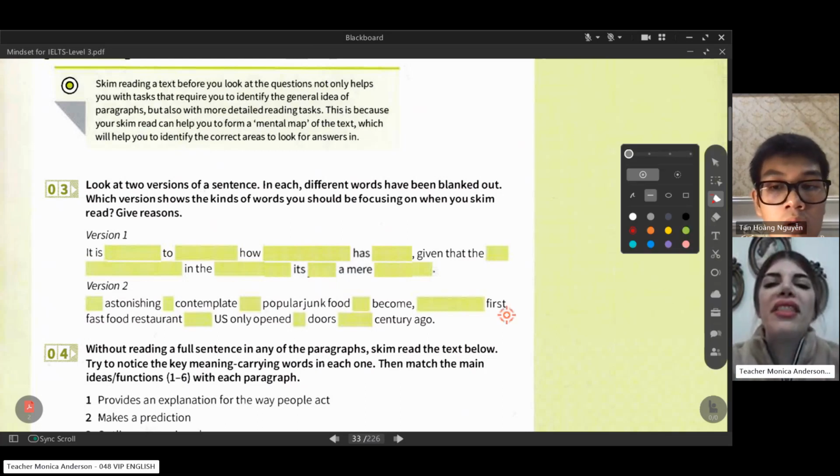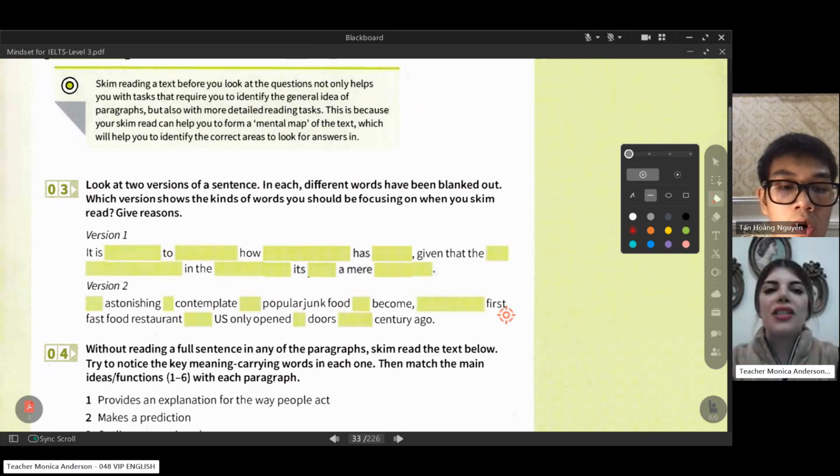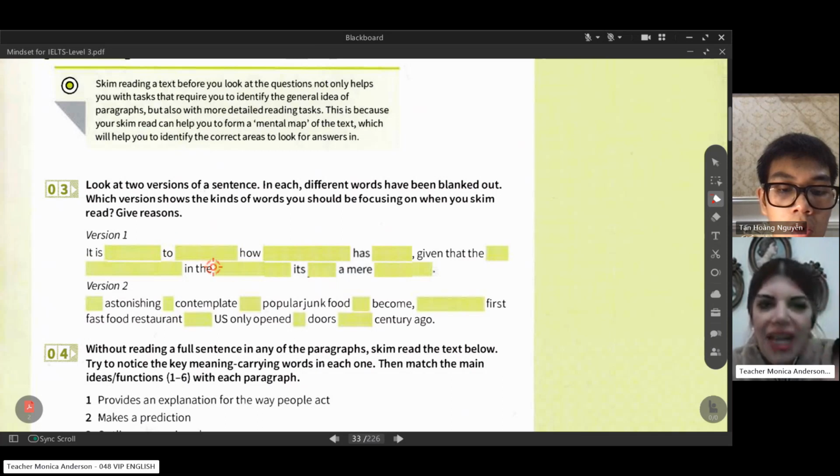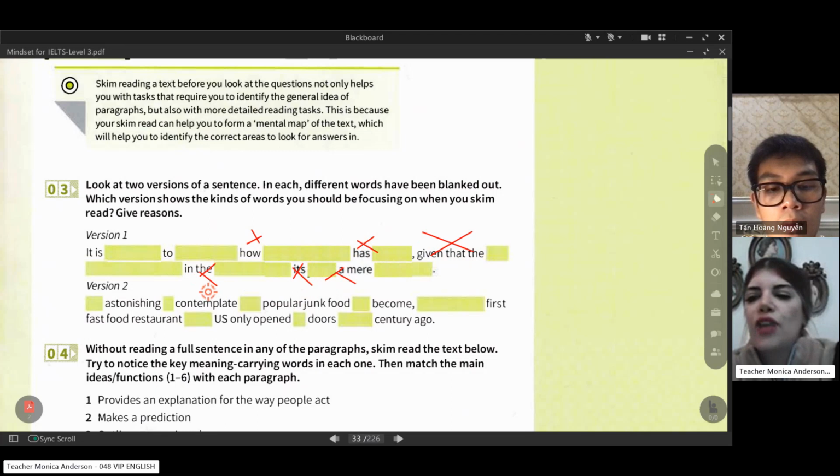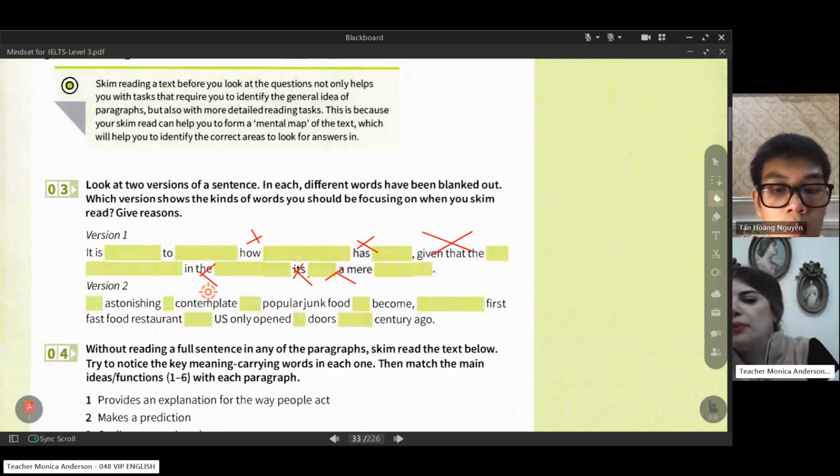The purpose of this type of task is to learn about skimming. This task wants to say that we don't need to pay attention to grammar words like prepositions, modals, or auxiliaries.